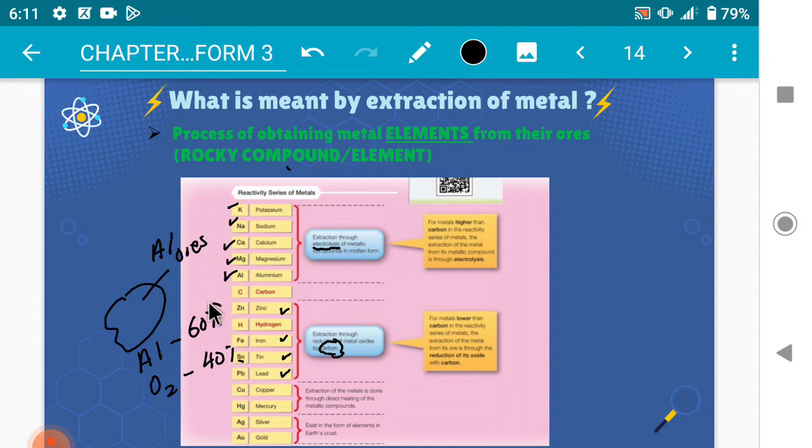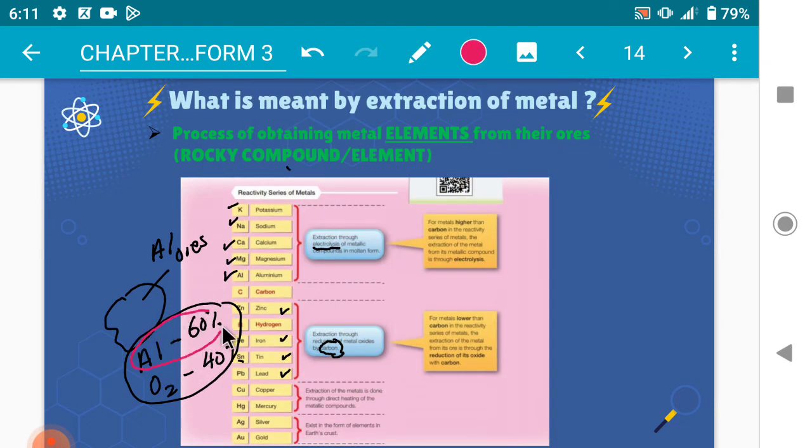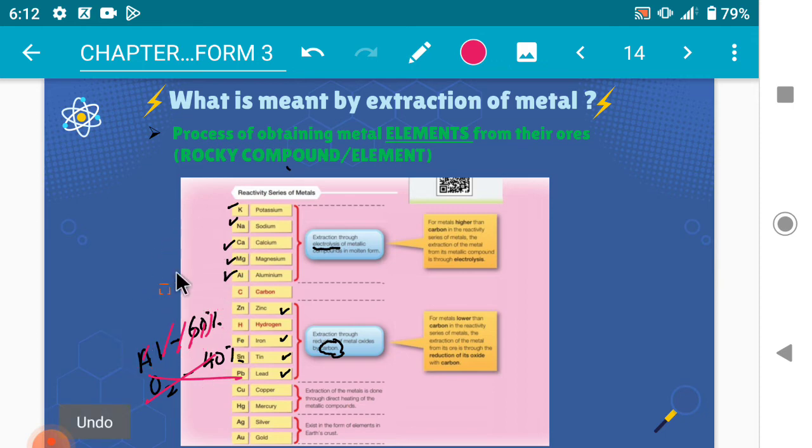So this is the meaning of ores. So we need to extract these ores so that we want to get this aluminum only. We don't want this oxygen. So we need to separate the aluminum from the oxygen so that we get this aluminum only. Okay, we need the pure one, the pure aluminum or the pure metals. So that's the meaning of ores.